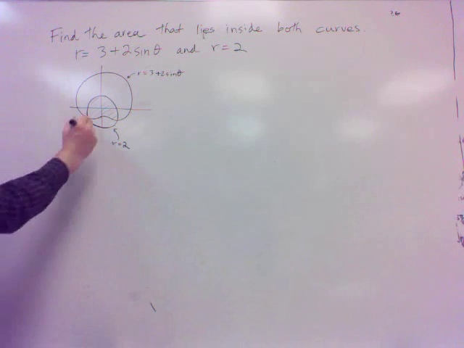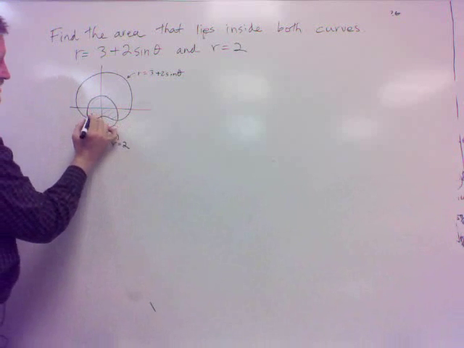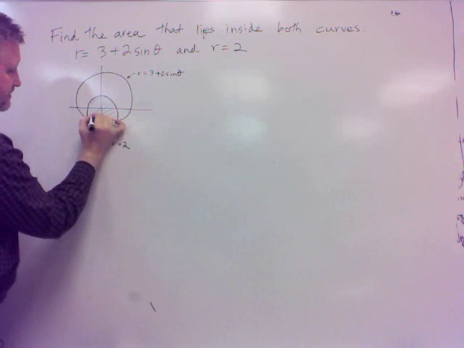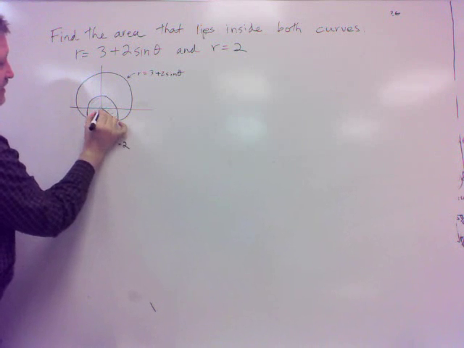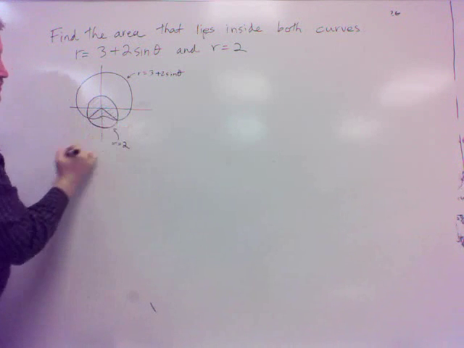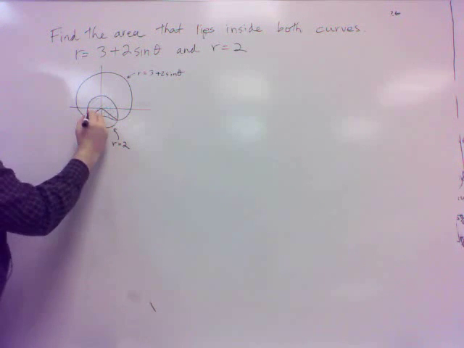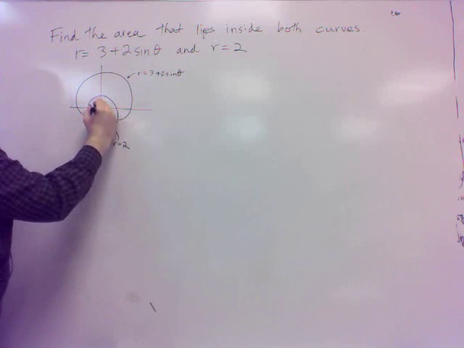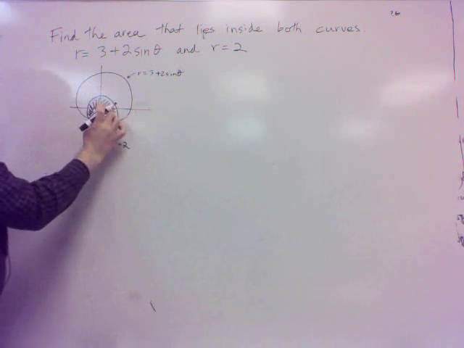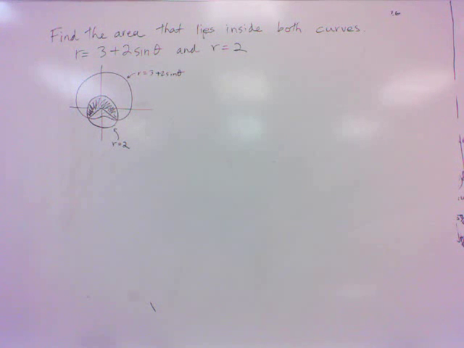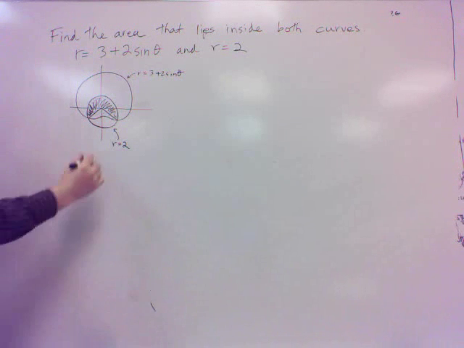Isn't that 2 pieces here? Because think about how this graph is made. This is actually made up of 2 parts. It's this right here, and then that other little piece. Well, think about that.